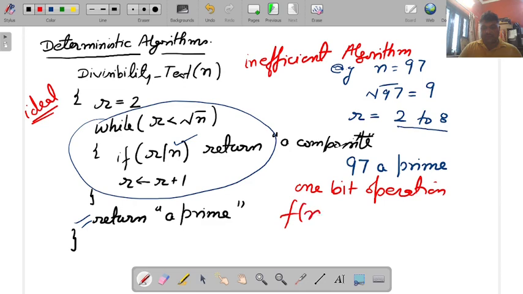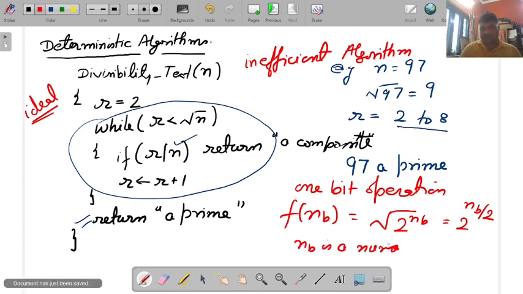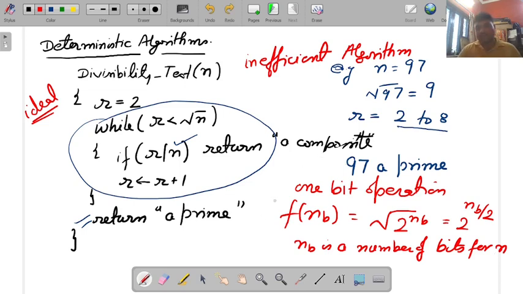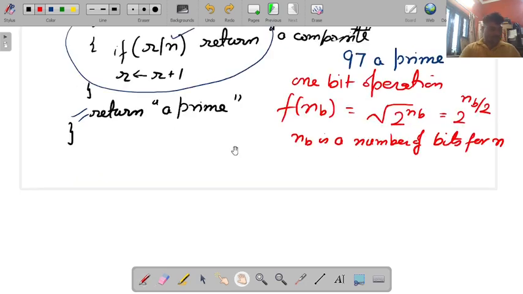So the complexity of this function will be 2 to the power nb by 2, where nb is the number of bits for n. It is an unrealistic example, but if you assume 1 bit, let's further classify and find the complexity.